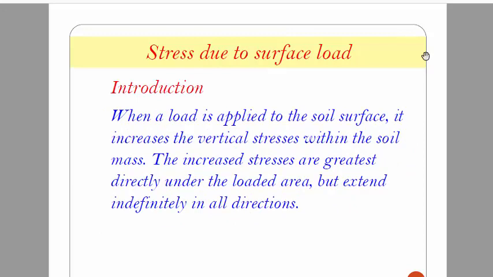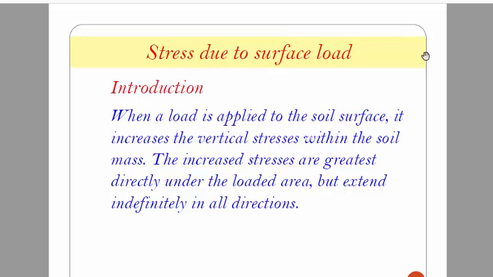Next, when a load is applied on a soil surface, suppose a load in terms of a footing, a tread load, or reinforcement, it increases the vertical stresses within the soil mass.